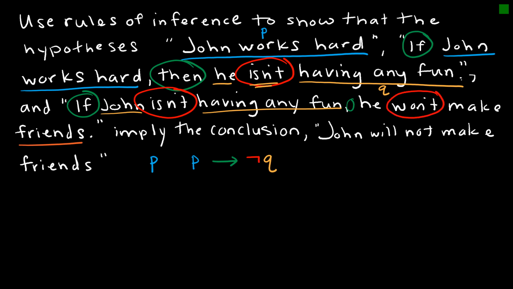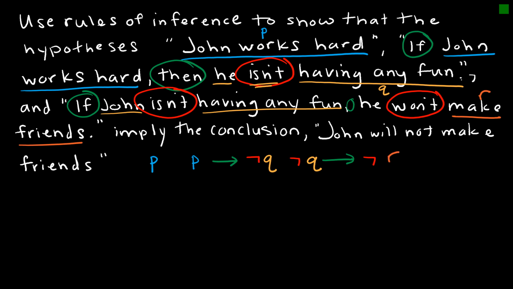He won't make friends, so making friends would be one of our propositions. And I would then rewrite this as, if John isn't having any fun, so I've got the if-then, and it says if John is not having fun, so again it's a not Q, then not friends, not, and we'll call that R.